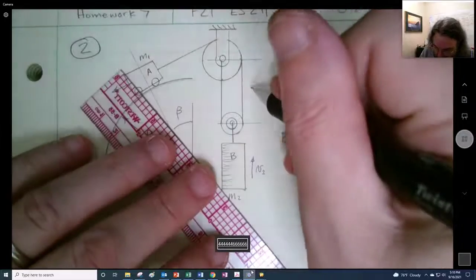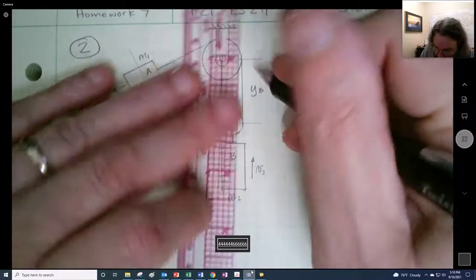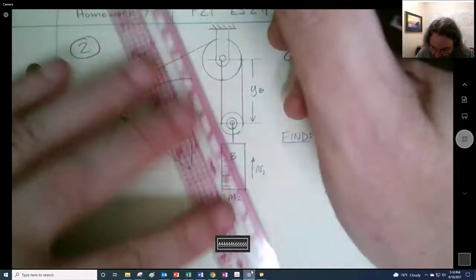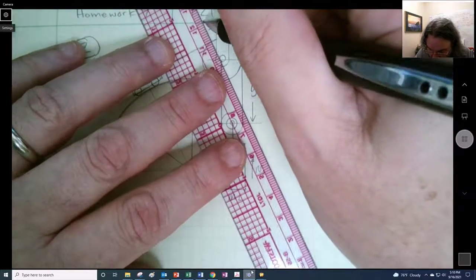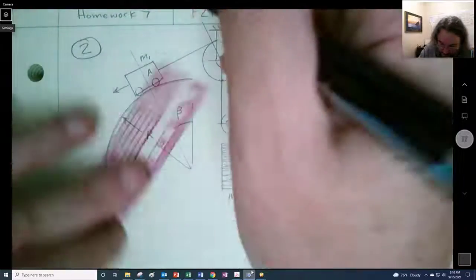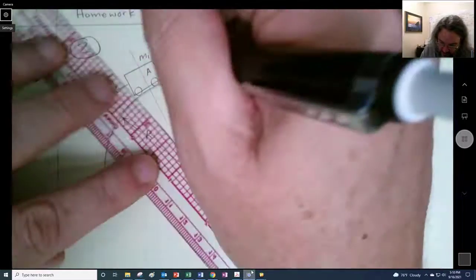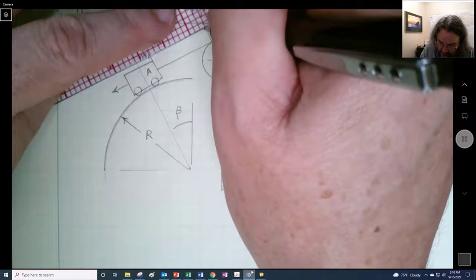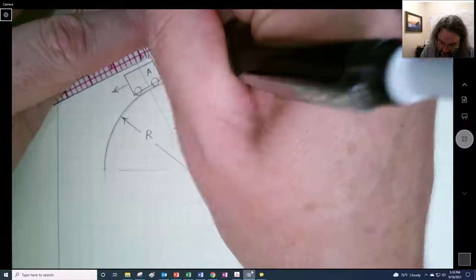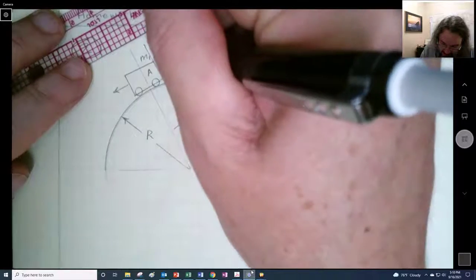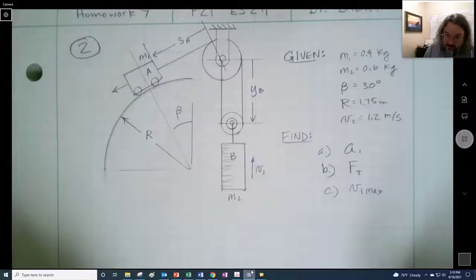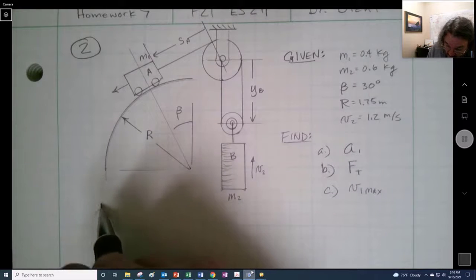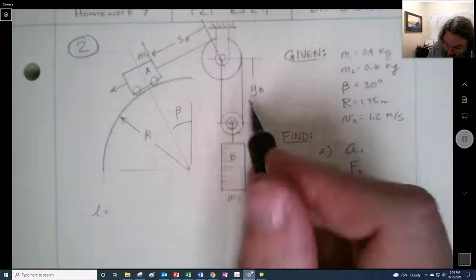So let's call this YB, and we'll go down that way. And then I went ahead and went from right there, and we'll say that this distance right here is going to be, I'm going to call it S because it's not related to anything, and I'll call it SA right in there.